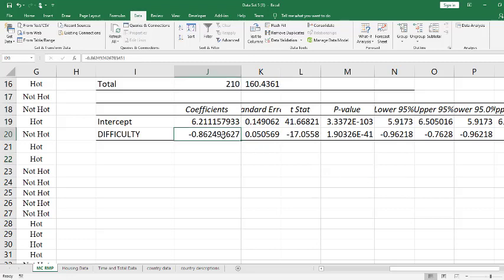So we can say the difficulty coefficient is statistically significant. Technically, the intercept coefficient is also statistically significant, but no one really cares because we really care about our variable that we put in. These coefficients are beta 0 right here for the intercept and beta 1 for the difficulty. This is our y equals mx plus b line.